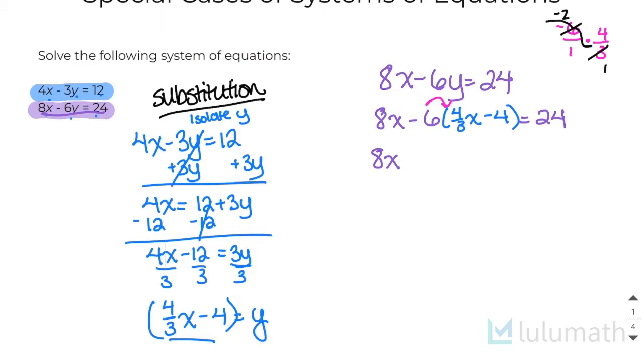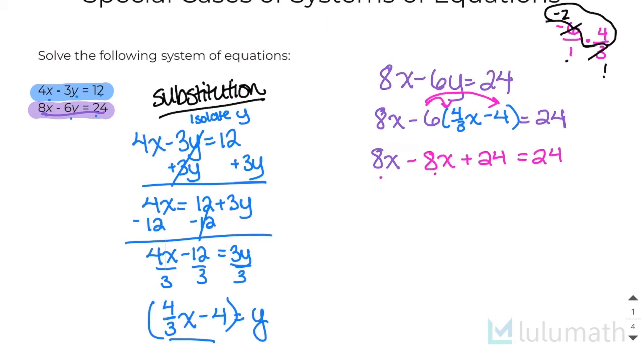So I can multiply this negative 2 times this 4, and I end up getting a negative 8. And then this one and this one, anything divided by 1 is itself, so I don't have to write that part down. So this ends up becoming minus 8x, okay? Then distribute the negative 6 to the negative 4, and you get positive 24, and that's equal to 24.